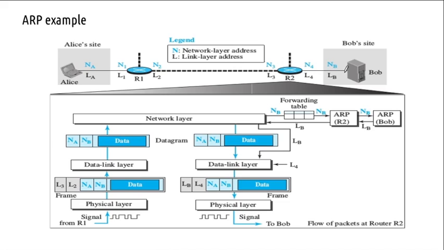Once communication is established with Bob, that link address LB is maintained in its ARP cache for some amount of time. Then when it times out, the request happens again.